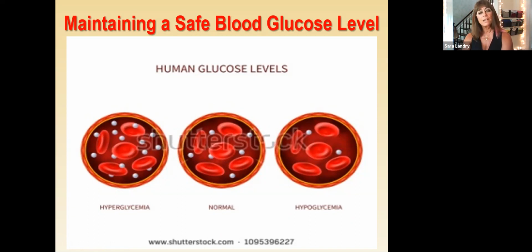In the next circle, we see the hemoglobin in the artery, and we see some sugar. That's normal. You need sugar in your blood. Your body needs sugar for energy. And in the third circle, we see only 2 dots of sugar. That's not enough sugar. That's called hypoglycemia.